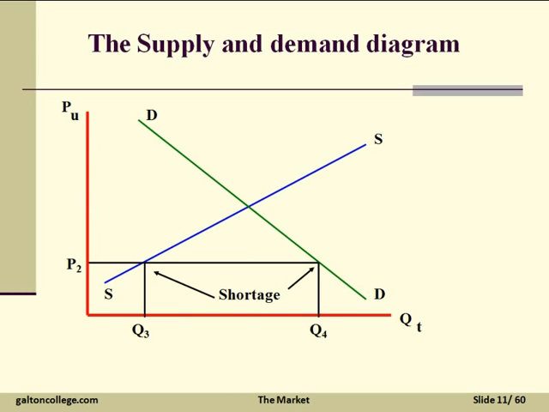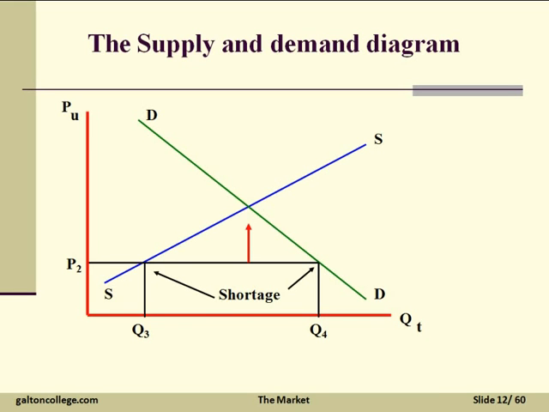The difference between the two is the shortage. Now if there's a shortage, the consumers will bid up the price because the consumers want it. So they will bid up the price, and as the price rises, it will lead to a cutback in demand. As the price rises, the demand will fall, the goods becoming more expensive. But also as the price rises, the supply will increase.